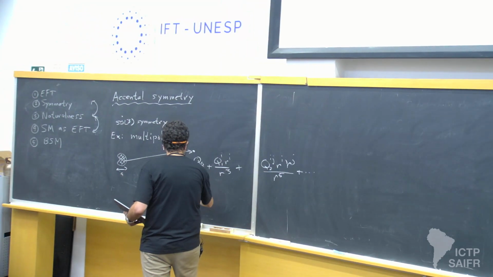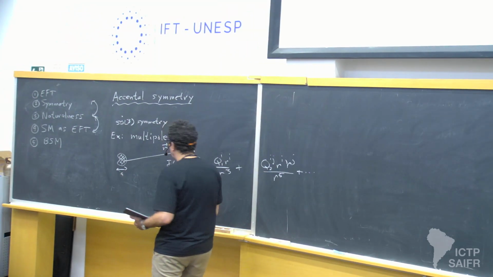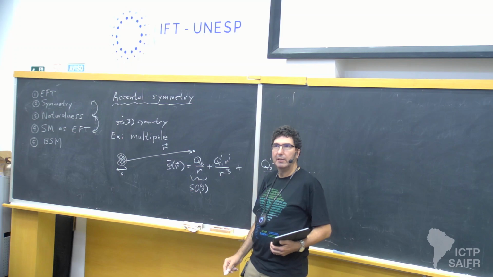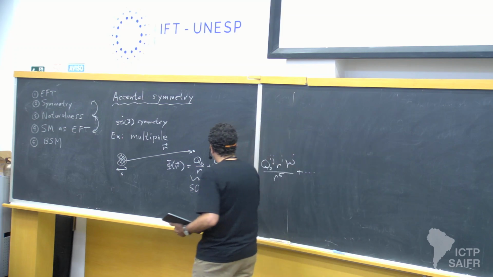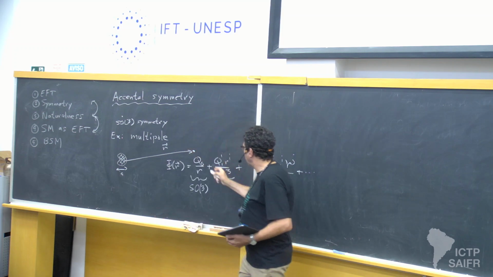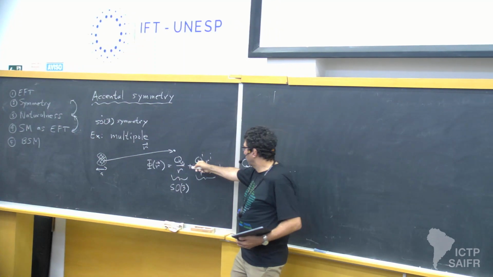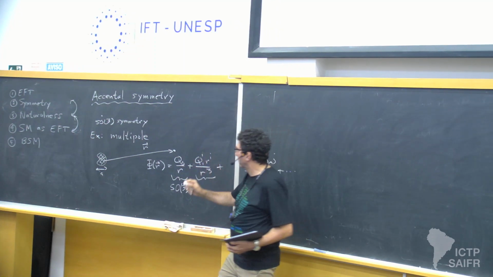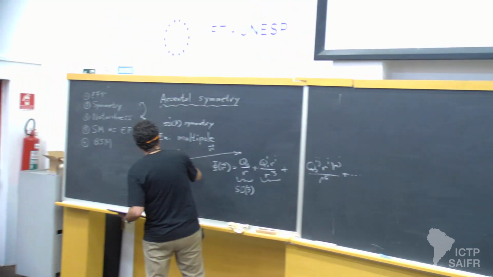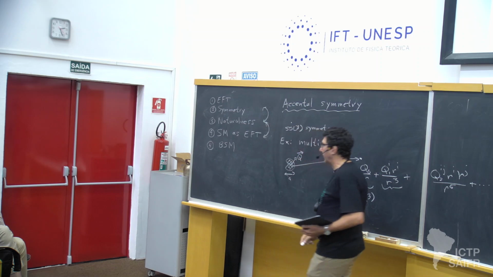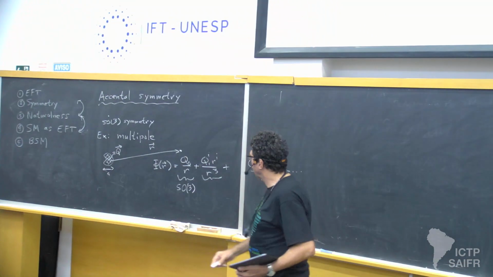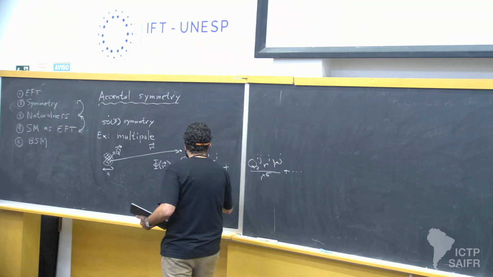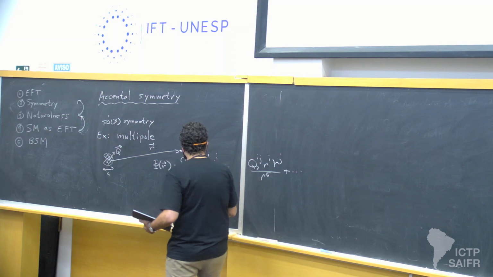But notice that this one has an SO3 symmetry. It's rotationally invariant, okay? This one here has a single preferred direction, right? Because the dipole moment has to point in some direction. So it, say, maybe points in that direction. So it definitely breaks the rotational symmetry, but it still preserves an SO2.